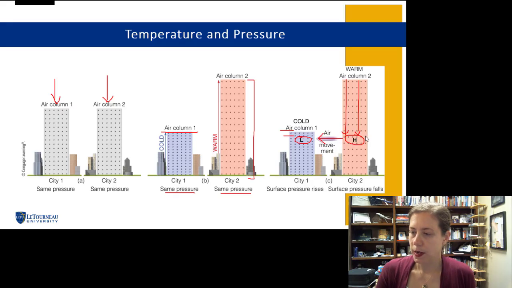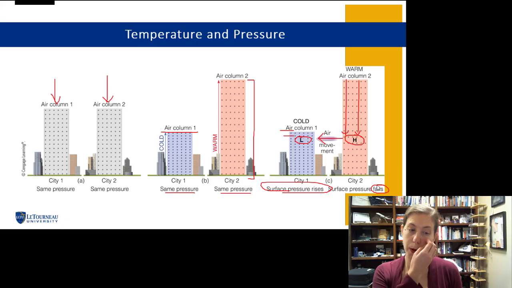So if we look at what's going to happen at sea level in my situation, we have some air molecules leaving this column of air, leaving the high pressure, flowing over into the low pressure. By definition, air flows out from a high and into a low. Because of that, we add some air molecules to column number 1, and the surface pressure is going to rise. In city number 2, some of these air molecules left because of our high pressure aloft, and we see the surface pressure actually falls a little bit.